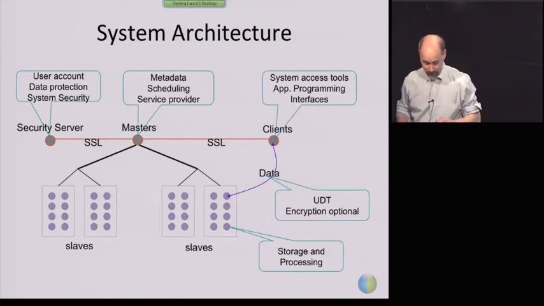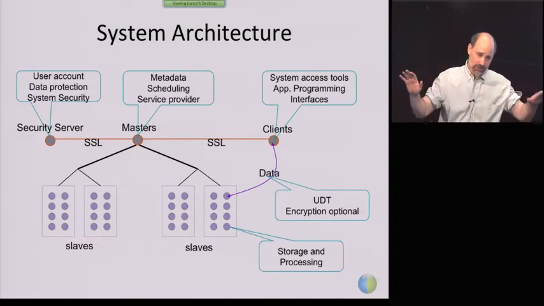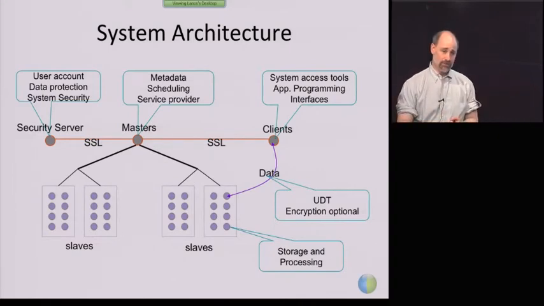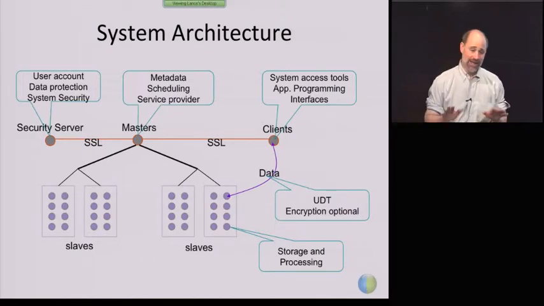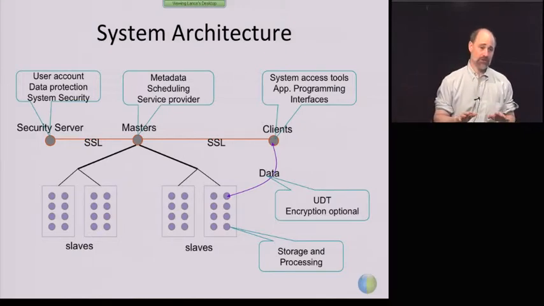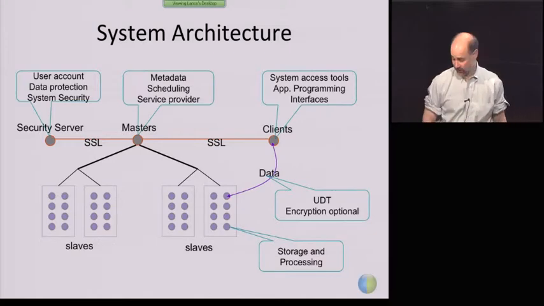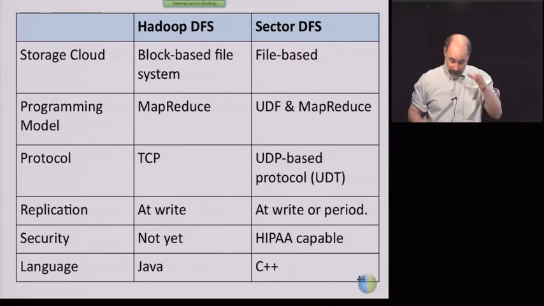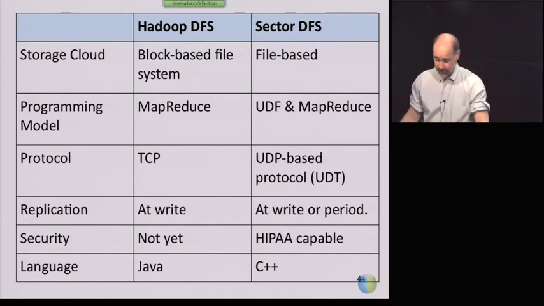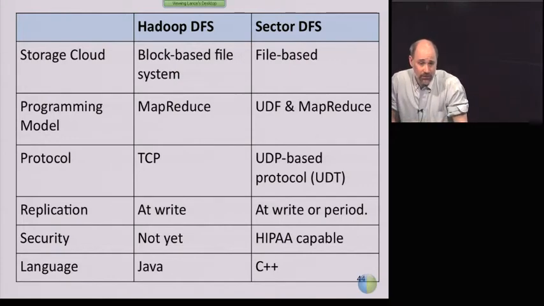At a high level, Sector looks like Hadoop, but it has a couple main differences. It has multiple master nodes, servers, and everything's encrypted. It can be encrypted so that you can do things like work with HIPAA-compliant data. I have 2 slides that explain some of the differences between Hadoop and Sector.